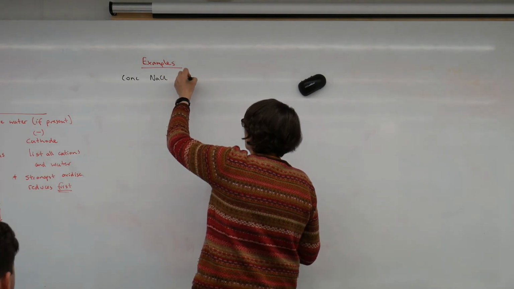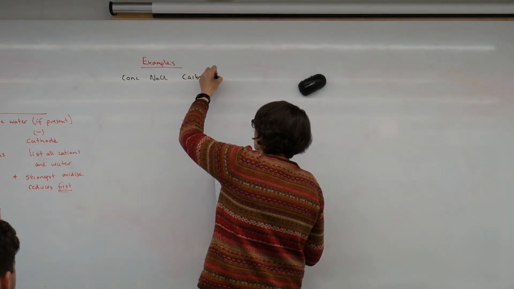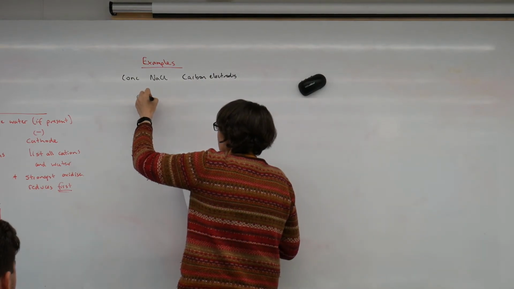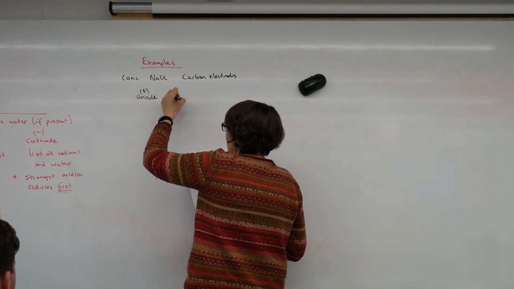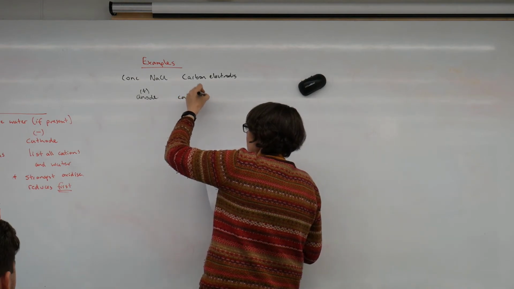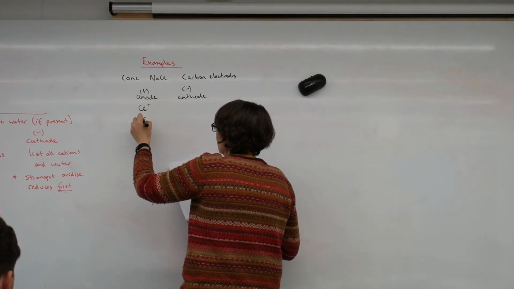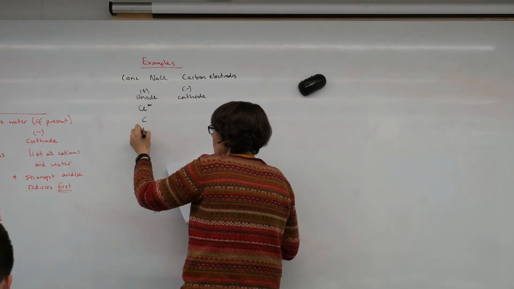Again, we've got carbon electrodes. We've got our anode, that is positive, and our cathode, that is negative. And so we've got chloride ions and we've got carbon. We have some water.